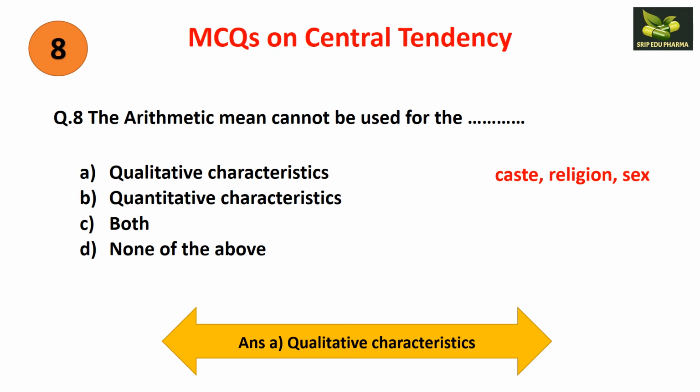These cannot be calculated as an arithmetic mean. For arithmetic mean, there should be a quantity. So only for quantitative characteristics can the arithmetic mean be calculated. But the question asked which cannot be calculated, so the answer is A.